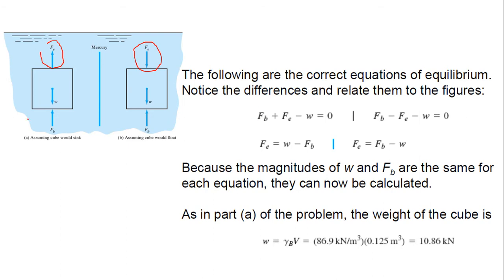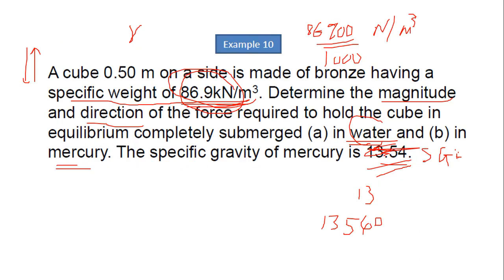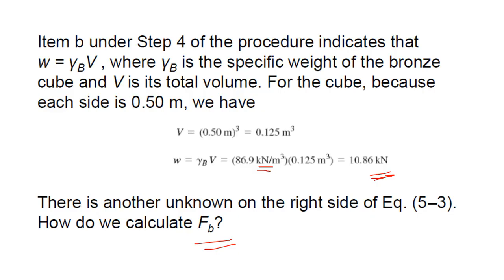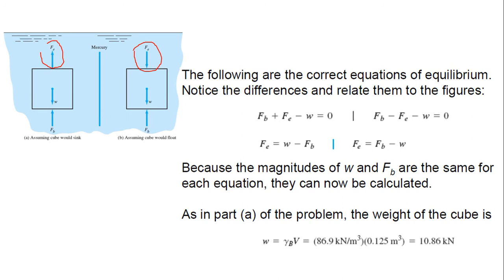This is to answer question number 2, which asks to find the magnitude and direction of the force required to hold the cube in equilibrium completely submerged in mercury. Now they give you these two scenarios to find the magnitude and direction of this force.